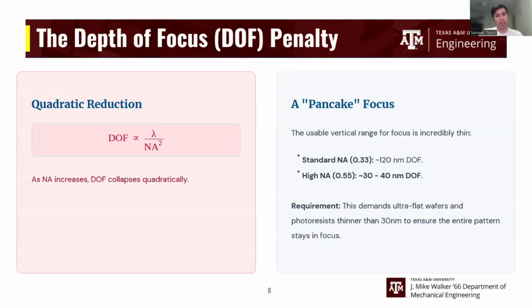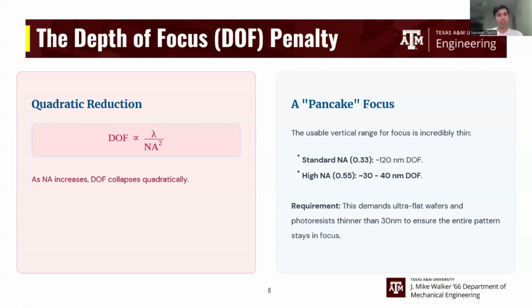As optical engineers, we know there is no such thing as a free lunch. The penalty for high resolution is the depth of focus. As we can see from the formula, the resolution scales linearly with the numerical aperture, but the depth of focus decreases quadratically. So if we increase the NA by two times, the depth of focus drops by four times.